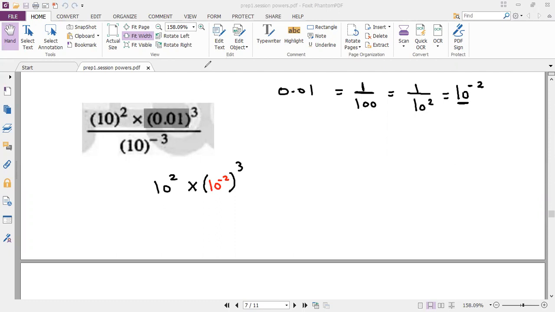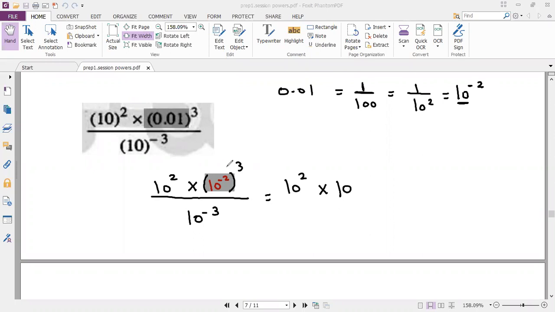Okay, so instead of 0.01, I wrote it as 10 to the power of negative 2, divided by 10 to the power of negative 3, equals 10 to the power of 2 multiplied by 10. And we have two powers here, -2 and 3.